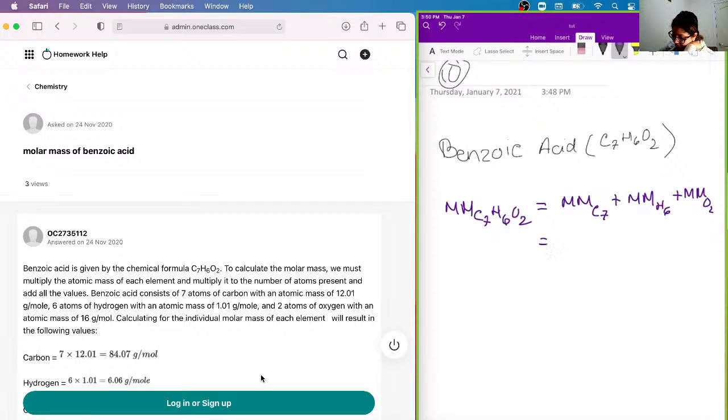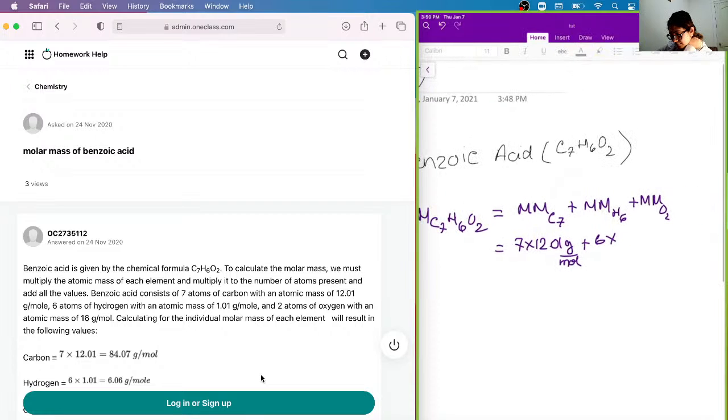The molar mass of one carbon atom is 12.01, so since we have 7, we would do 7 times 12.01 grams per mole. And since we have 6 hydrogen atoms, we would multiply 6 by the molar mass of hydrogen, which is 1.01 grams per mole.